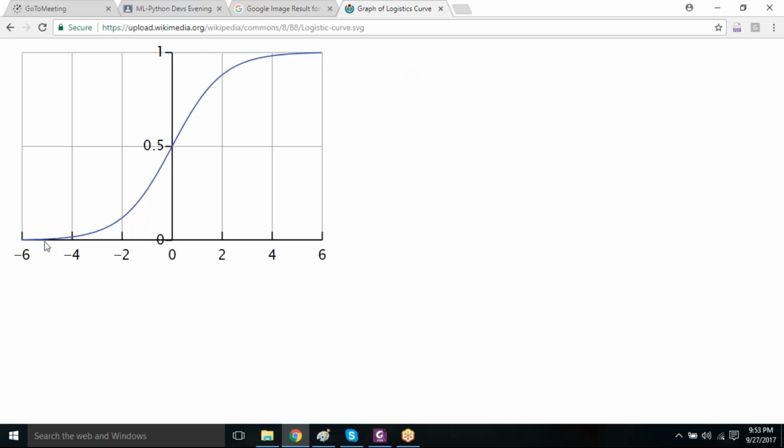And on this side, no matter how much negative you go, it will never go beyond this line. It will always be near 0, max 0 it will go. So it basically scales down the value between 0 and 1. If it is more than 0.5, I will say class A, and if it is less than 0.5, I will say class B.